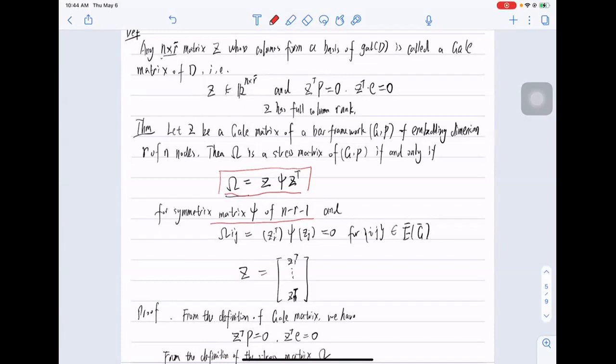So actually you can use this advantage to compute the stress matrix. Well, it's not n minus r, sorry, it's even bigger. It's something like n minus r times n, because the dimension of the rigidity matrix cannot be more than something like d times n minus something.